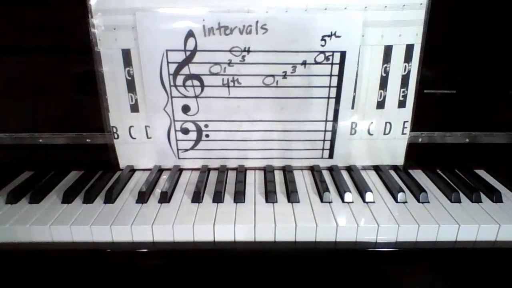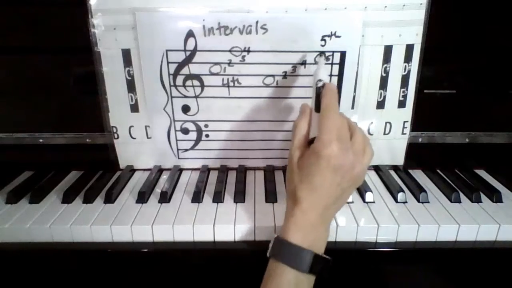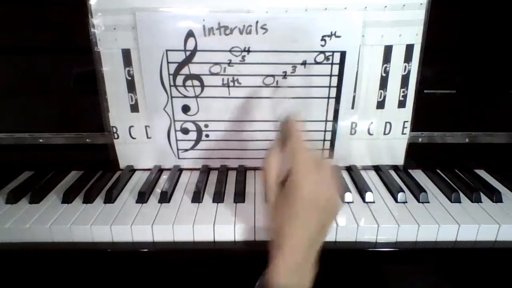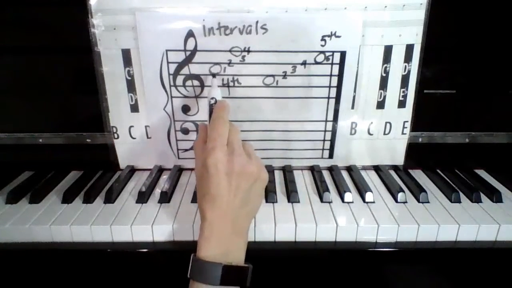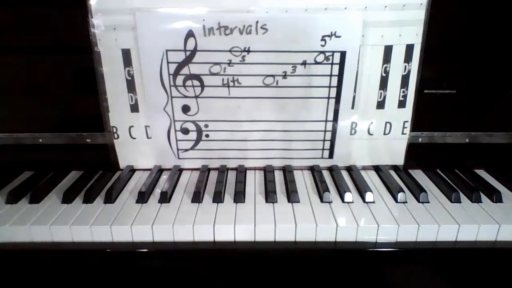Now, if you notice something, the odd intervals are going from either a space to a space or a line to a line. The even intervals go from a space to a line or a line to a space. And that's another little helpful thing to remember when you're trying to figure out intervals.